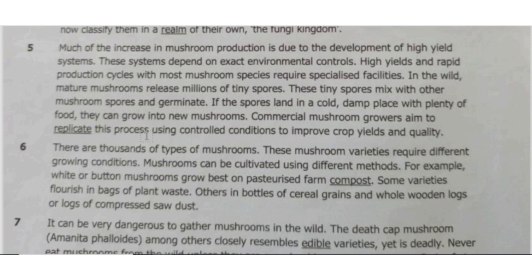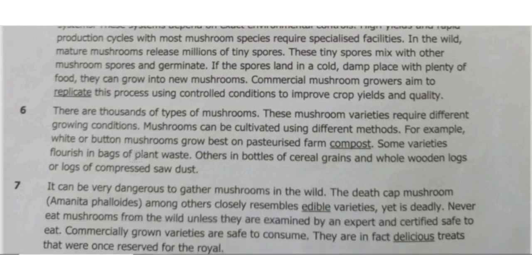These tiny spores mix with other mushroom spores and germinate. If the spores land in a cold, damp place with plenty of food, they can grow into new mushrooms. Commercial mushroom growers aim to replicate this process using controlled conditions such as improved crop yields and quality.